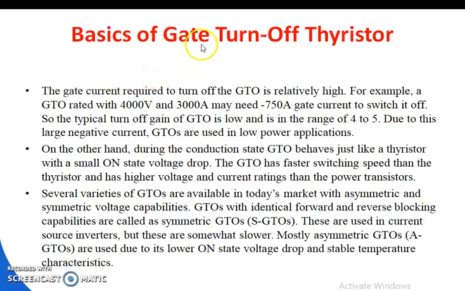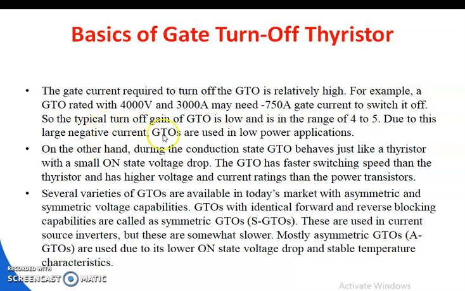The basics of gate turn-off thyristors: the gate current required to turn off the GTO is relatively high. For example, a GTO rated at 4000 volts and 3000 amperes may need 750 amperes of gate current to switch it off.